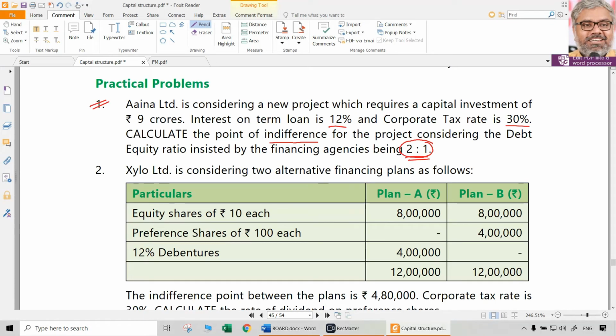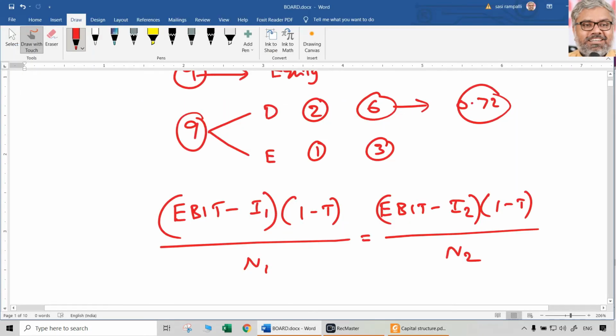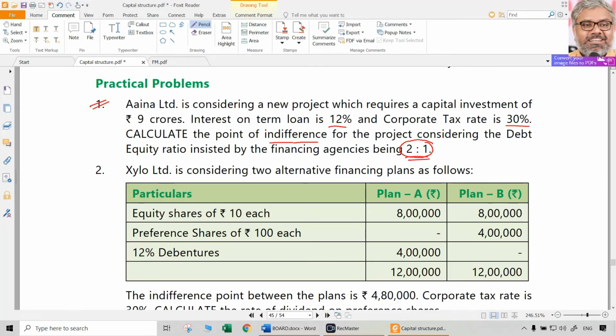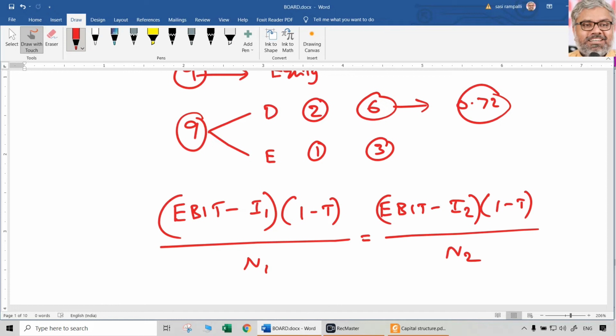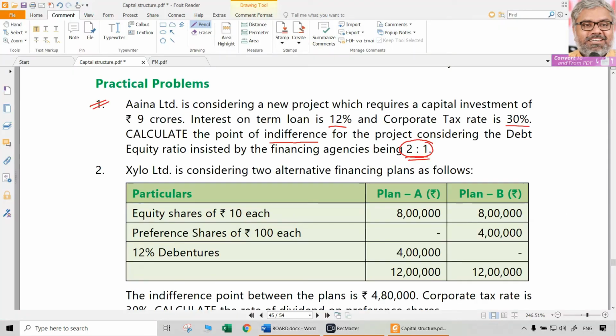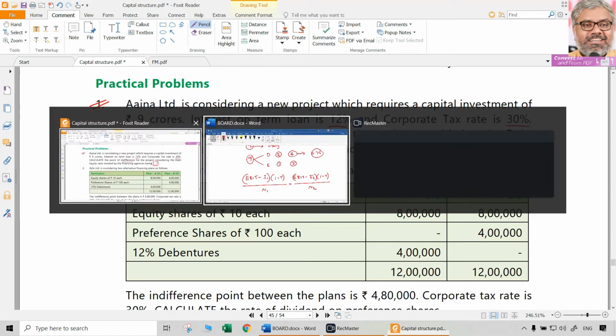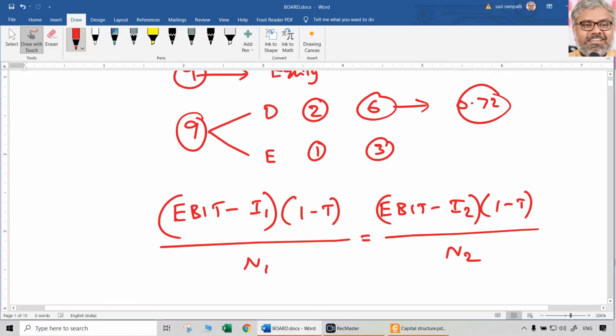Here N1 means the number of equity shares in option 1. The face value of the equity shares is not given. That doesn't matter. If you assume anything, ultimately the answer will be the same, because you are going to use the same face value for both options. For example, if the face value is 1 rupee, then 9 crores shares will be issued.